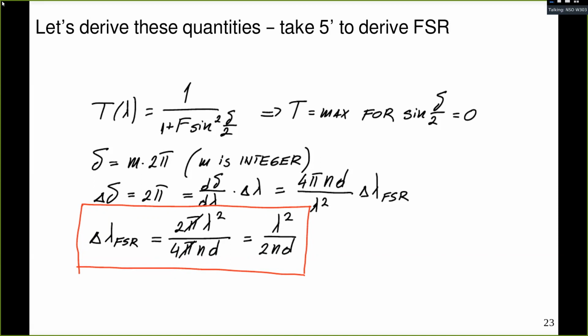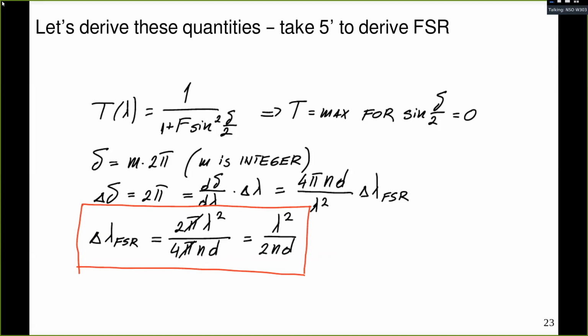This times delta lambda FSR is basically the definition of our free spectral range. Deriving from there, delta lambda FSR is lambda squared over 2nd, which means the thicker the etalon or the thicker the filter you have, the more dense these maxima are.